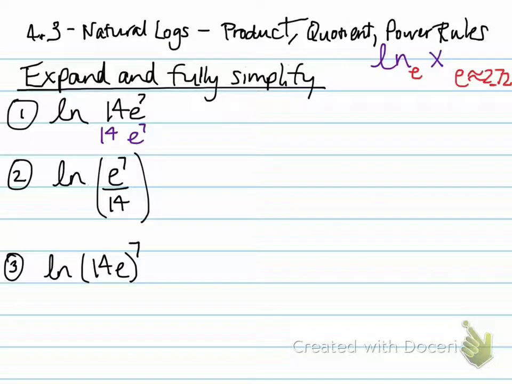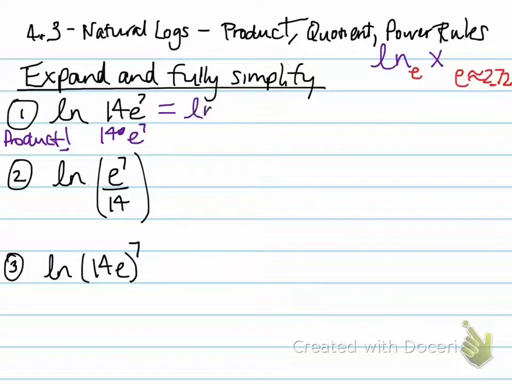If I could just write a dot there. There we go. 14 times e to the 7th, sorry for that sloppy writing. So because of that, we're going to use the product rule, because we're taking the natural log of a product. Alright, so this means that we can split this product into the sum of two natural logarithms.